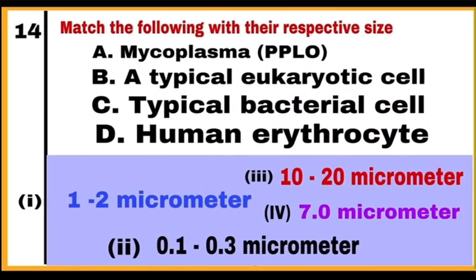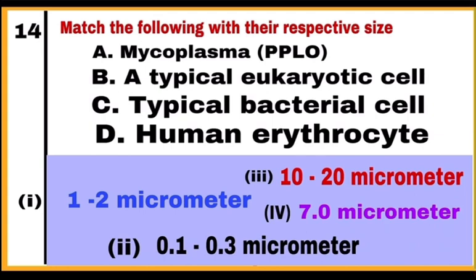Number 14. Match the following with their respective sizes. A. Mycoplasma PPLO, which is the smallest cell, and its size varies from 0.1 to 0.3 micrometer. B. A typical eukaryotic cell, it varies between 10 to 20 micrometer in size.